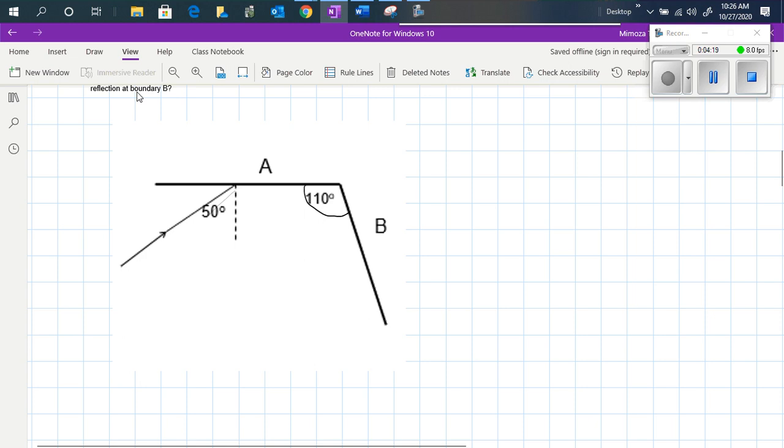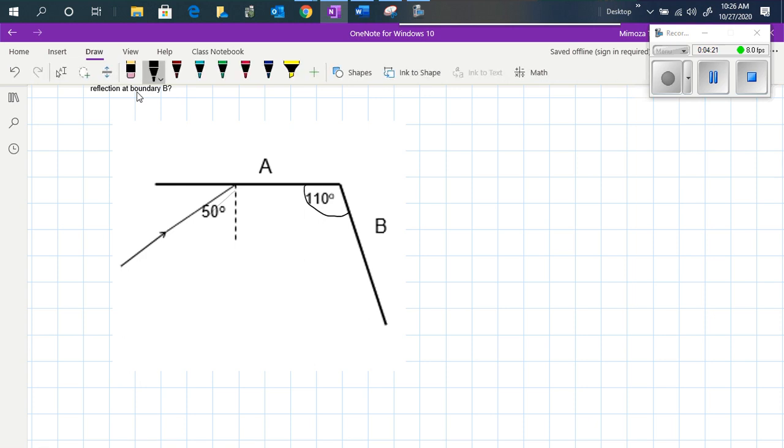As the wave is traveling, it is hitting surface A and it is traveling on the same medium. Based on the law of reflection, the angle of incident is equal to the angle of reflection.